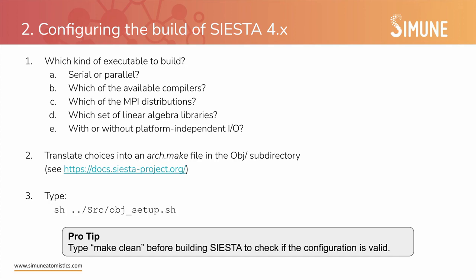Once we have made these choices, we have to translate them into an arch.make file. This is the main configuration file for the build of SIESTA. So detailed instructions are in the documentation. We will not cover them here.